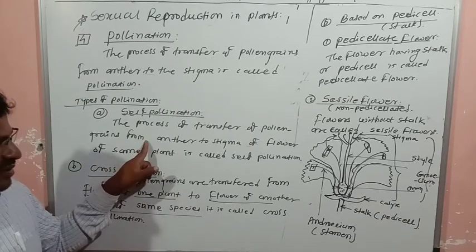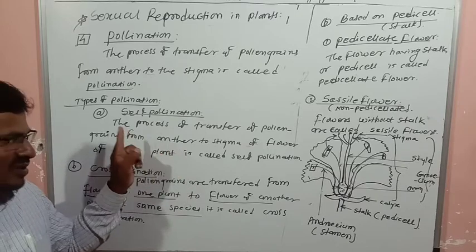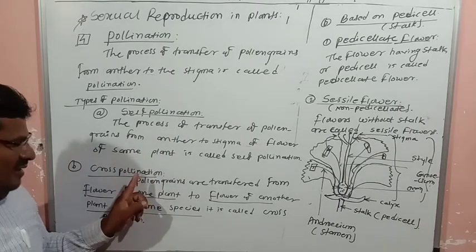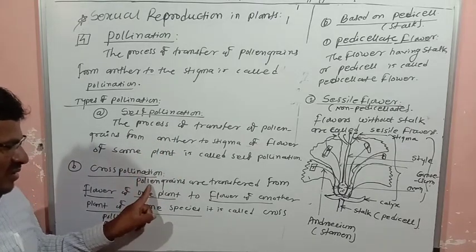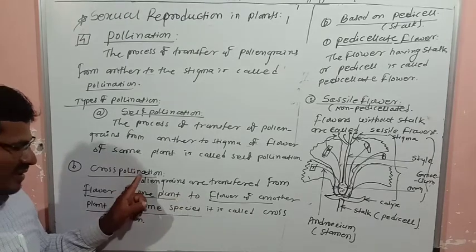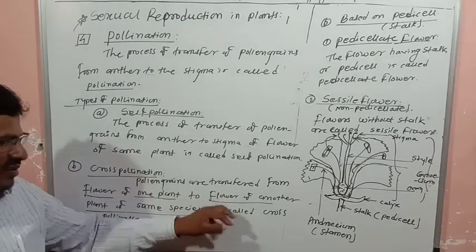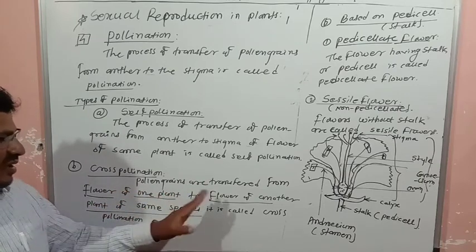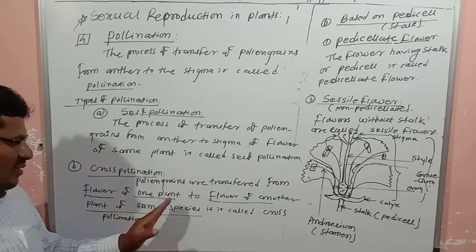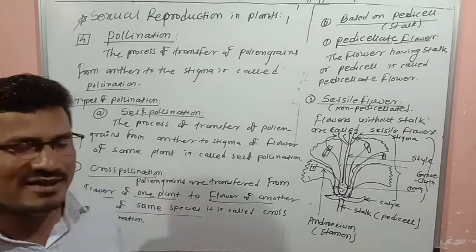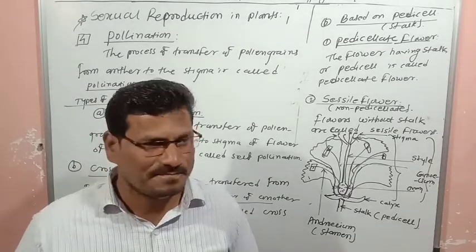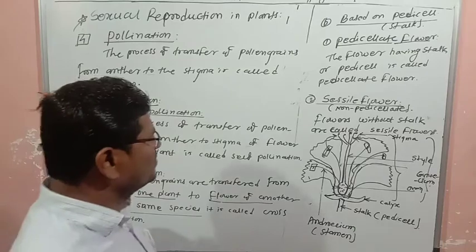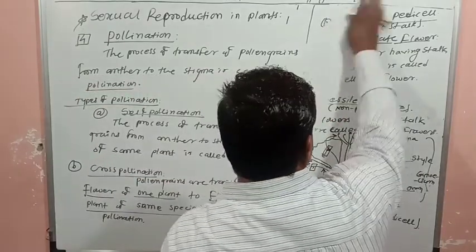Here, the same flower or another flower of the same plant, and here, one flower to another flower, but here, one flower of one plant to another flower of another plant. So from the flower of one plant to another flower of another plant of the same species is called cross-pollination.